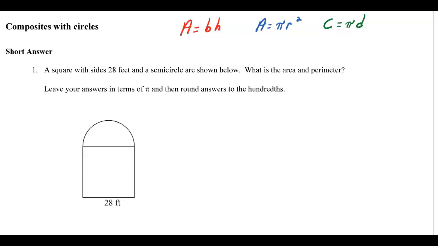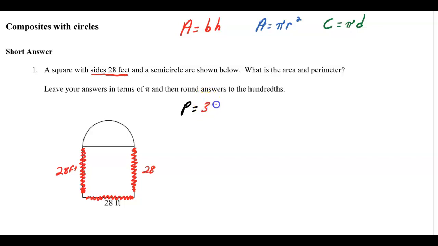So if we look at problem number 1, we have a square with sides 28 feet. That tells me this red side here is 28 feet. The left side is also 28 feet. So if I wanted the perimeter, I'm going to need these 3 red pieces, so 3 pieces of the square.